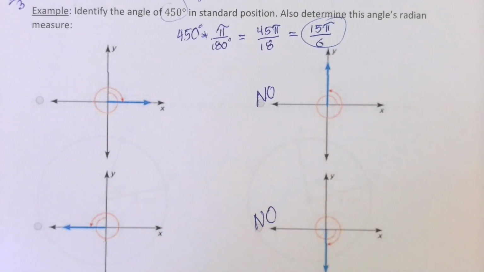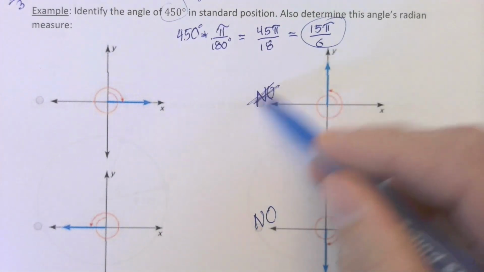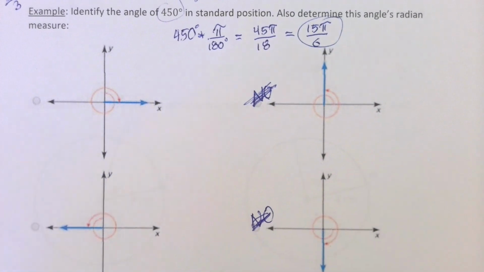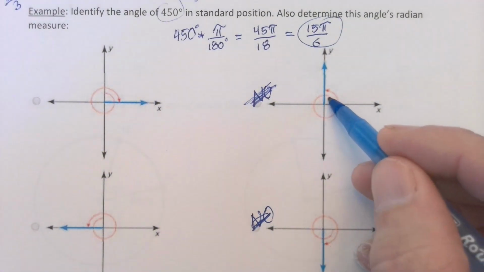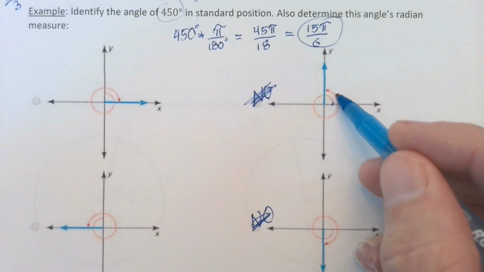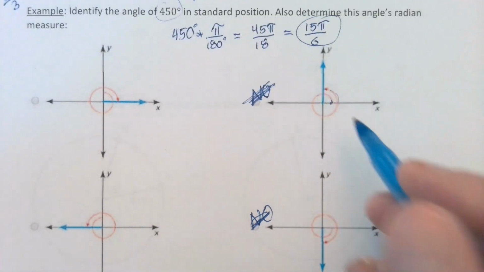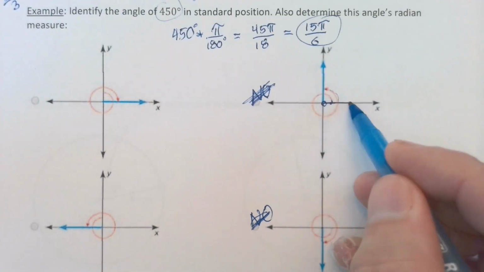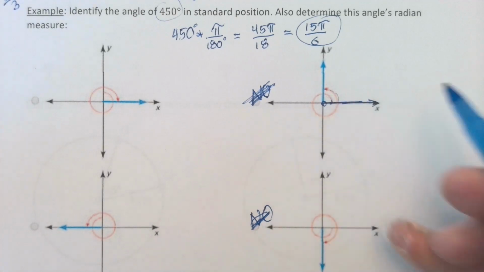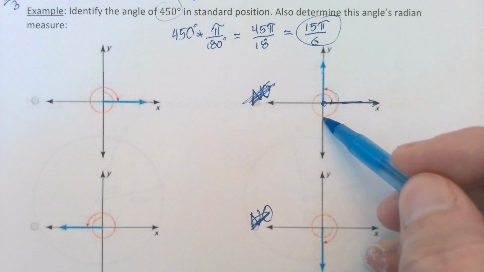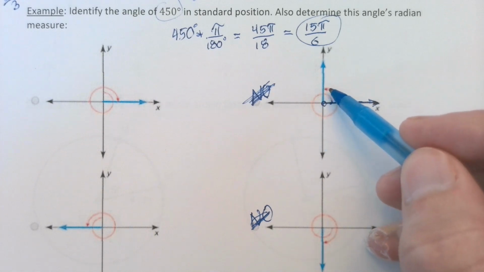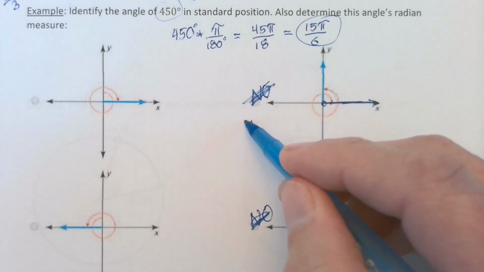Why? Excuse me. I was looking at the wrong thing. I think this one is in standard position because look at this red spiral. It starts right there, and that indicates that the initial side of this angle is pointing down the x-axis. And let's see, it does go counterclockwise. Yeah, I apologize for writing no. I think this one's yes.